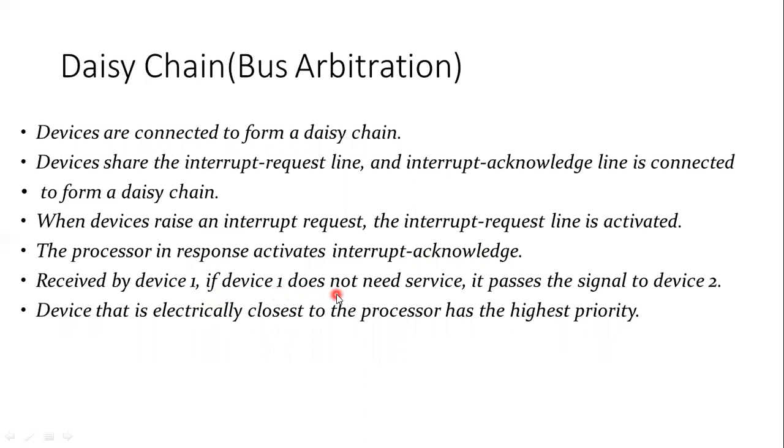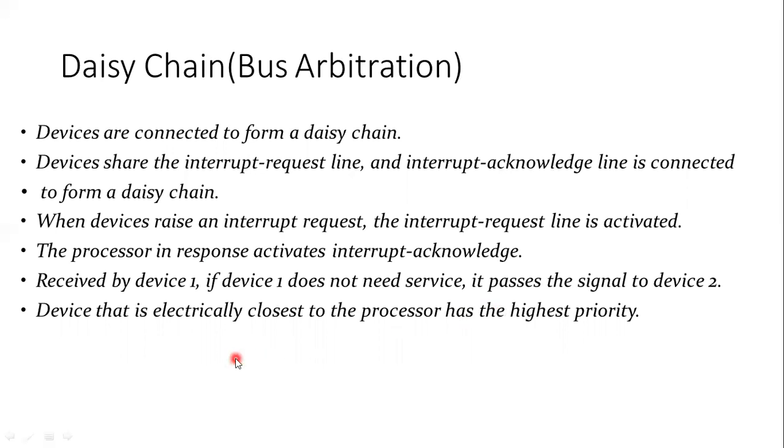If device 1 does not need service, it passes the signal to device 2. The device that is electrically closest to the processor has the highest priority. For example, you can take the example of a queue, a line of people at a ticket counter. The person that is very near to the ticket counter will receive the service first.